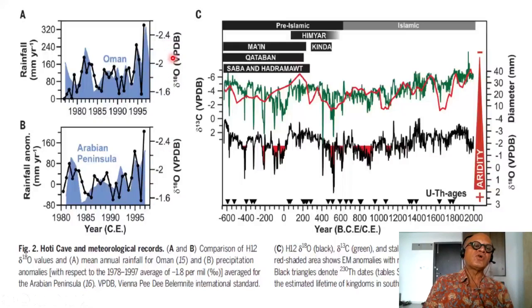So delta O18 values and corresponding precipitation amounts are being looked at for Oman and the Arabian Peninsula to infer the correspondence between stalactites, stalagmites, and other evidence and precipitation anomalies.